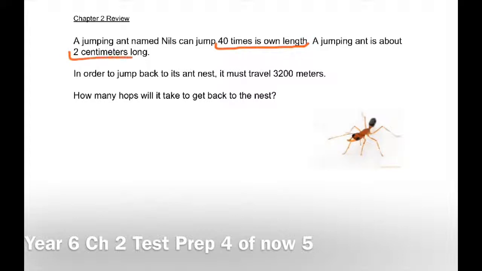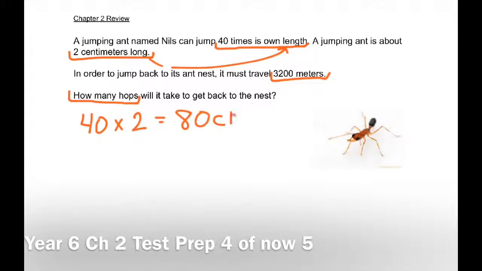It is this long in length, and the total distance he needs to travel is that far. And our question is asking how many hops will it take to get back to the nest. So 40 times its own length, and I know that its length is 2 centimeters, so I can do 40 times 2, which is 80 centimeters per jump. That's pretty good for a little tiny ant.